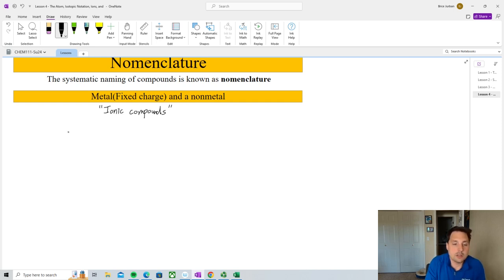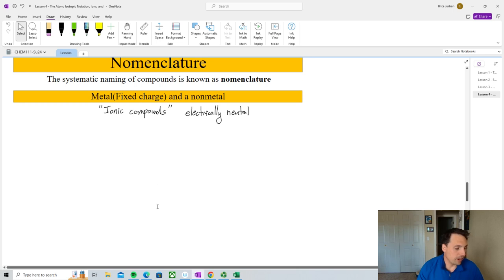Now, the main assumption here is that anytime we form one of these compounds, it is going to be electrically neutral, meaning we need to have one of these metals being positively charged and one of these nonmetals being negatively charged coming together to cancel each other out. We'll talk more about this later on.